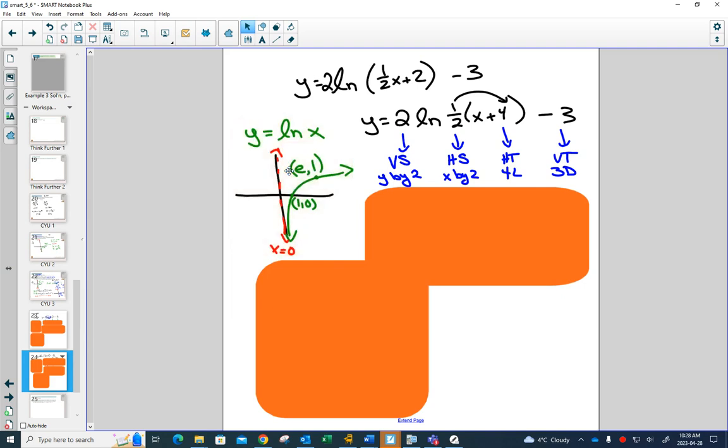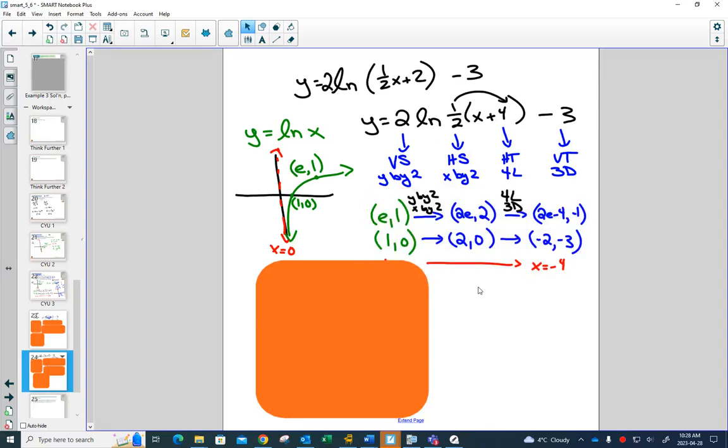Your parent graph, the natural log of x, has 1, 0 and e, 1. So we take our points, do our stretches and compressions first, translations afterwards, keep e in there as you go, and then when you go to graph, you have to graph 2e minus 4.